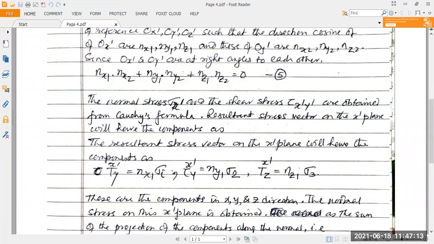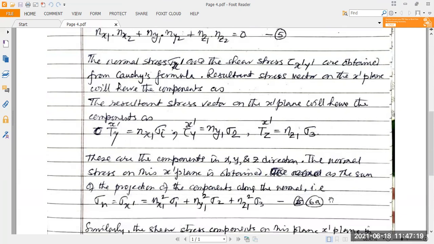These are the components in the x, y, and z directions. The normal stress in this x dash plane is obtained as the sum of the projections of the components along the normal itself.